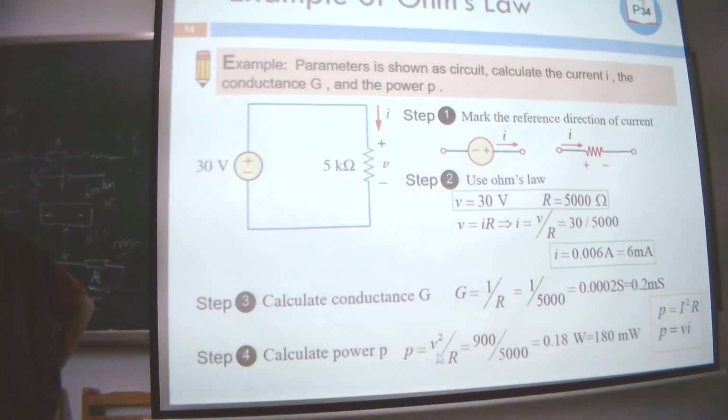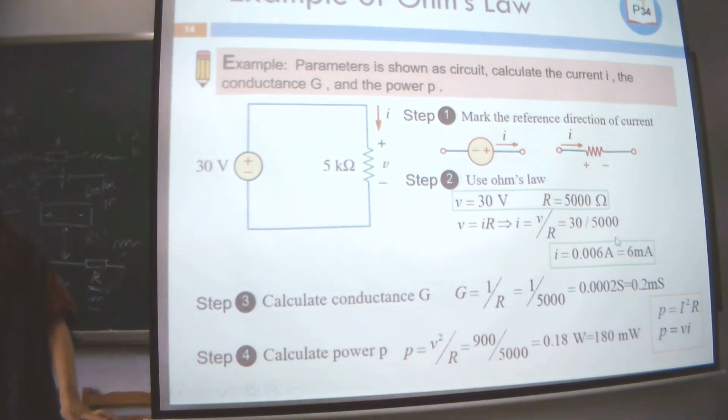Here we use the power equation we got before, and we also can use I squared times R, because we already know our R, and we already know our I. And we also know our V. So why do I use V here? Why didn't I use I?